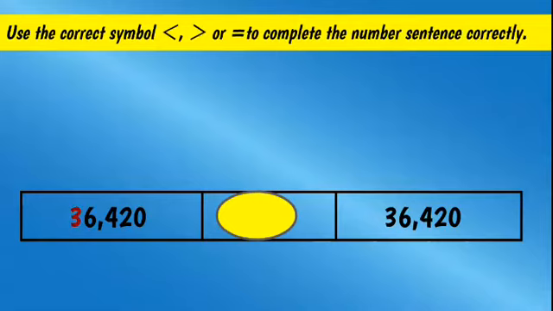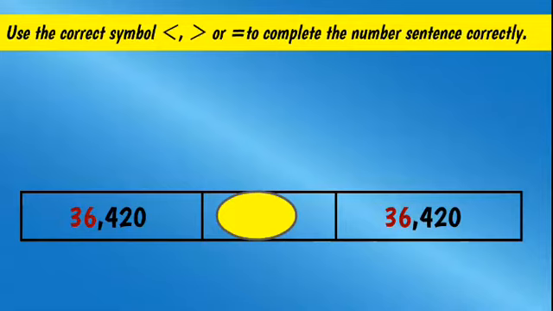So we are comparing our digits. 30,000 in the first, also 30,000 in the second, 6,000 in the first number, 6,000 in the second number.